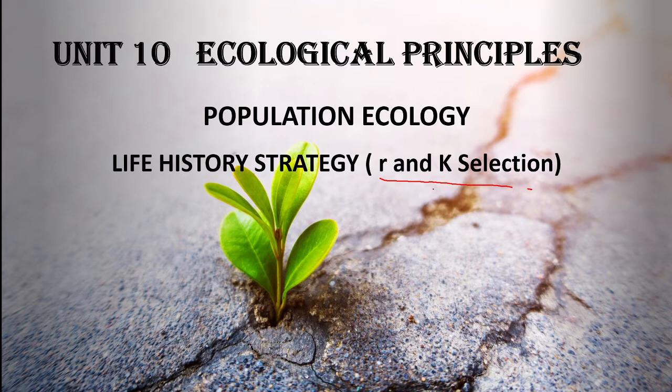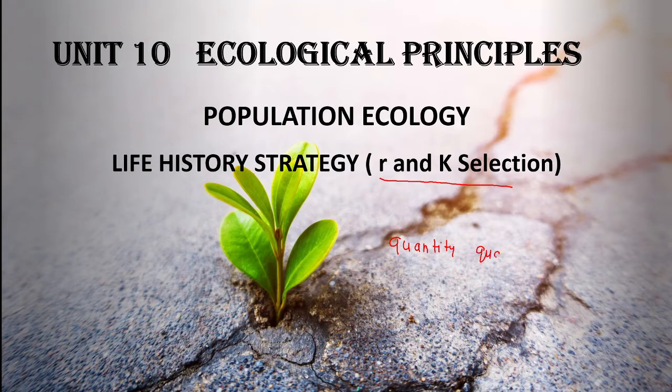So what are R and K selection strategies? It is a combination of traits in an organism that trade off between. Trade off means to make a balance between two contradictory things. Trade off is a very common term used in ecology. Here they have to make a balance between quantity and quality.